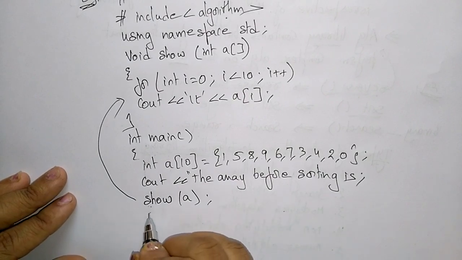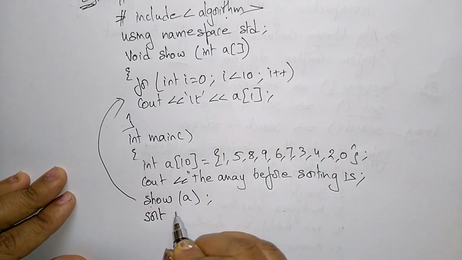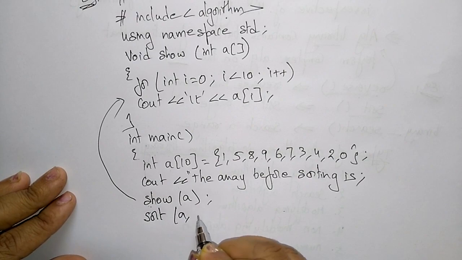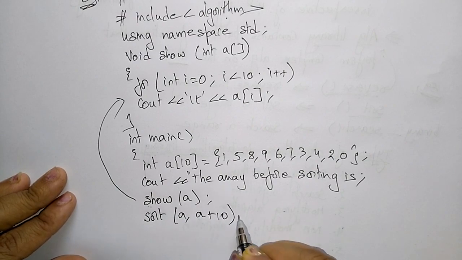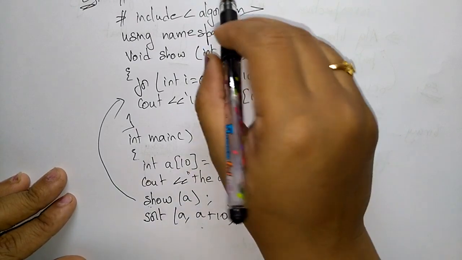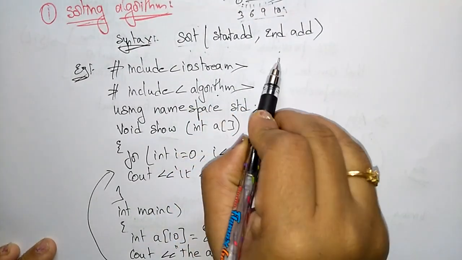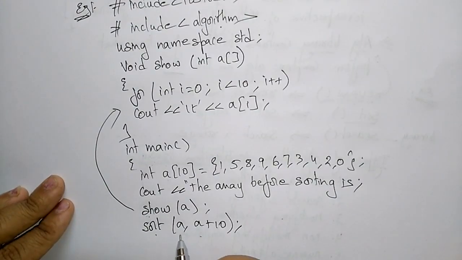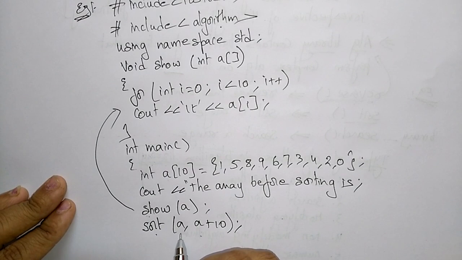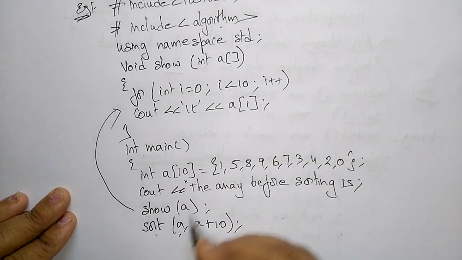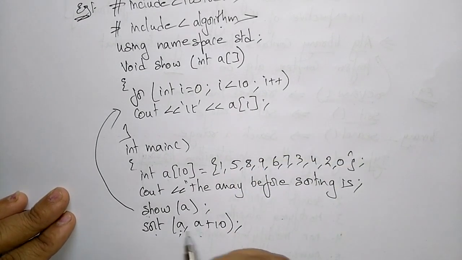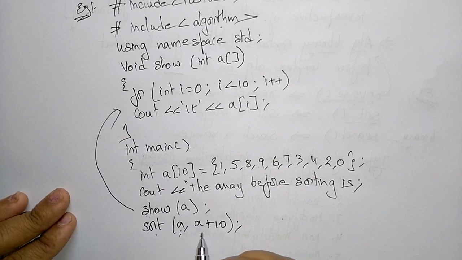Now I am writing the function after this, sort(a, a+10). What does it mean? This is the syntax: start address, end address. Start address I am taking a. a is the array, so this is the start address. Total 10 elements are there, so a plus 10 is the end address.